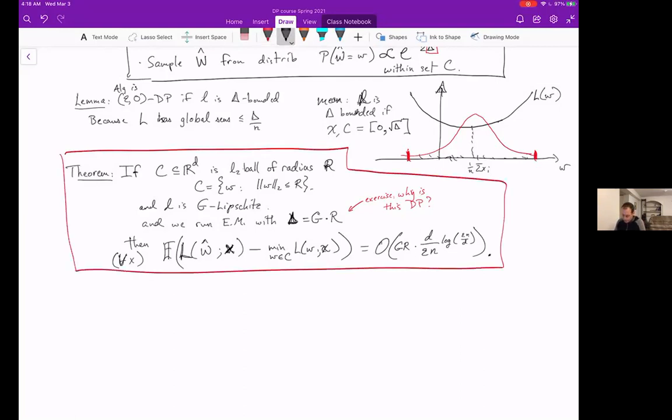So this is the statement that we can sort of take to the bank, which is that when you run this, if the loss function is Lipschitz and you're running it on a constrained set, in this case a ball of radius R, then your loss will go to 0 roughly as long as the number of data points you have is bigger than your dimension. So this is small when n is much bigger than d, and really d over epsilon.